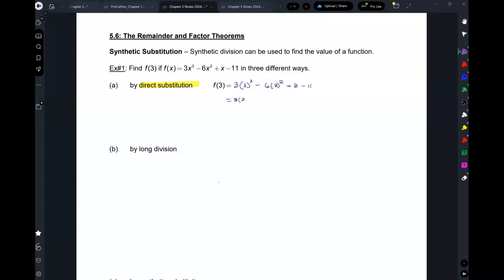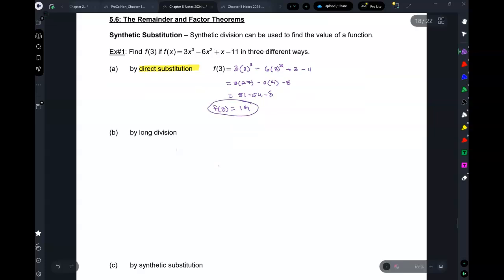So this is 3 times 27 minus 6 times 9 plus 3 minus 11 is negative 8, right? So finally, this is going to be 81 minus 54 minus 8. F of 3 is 19, I believe, right? F of 3 is 19.